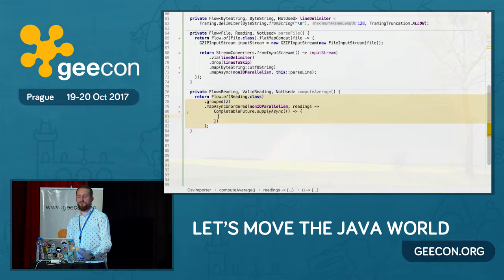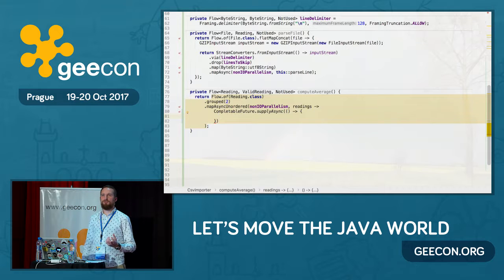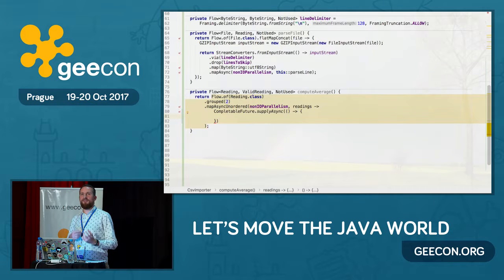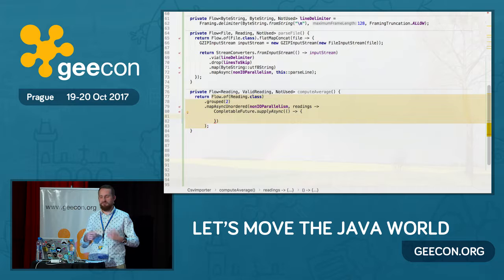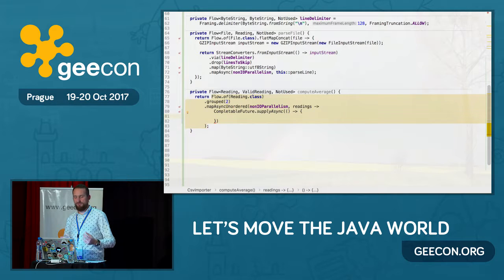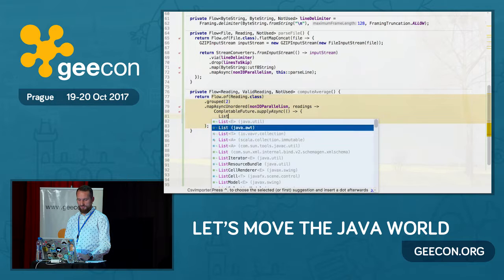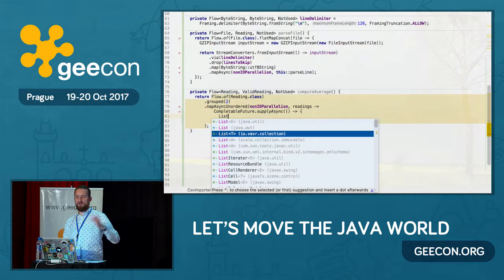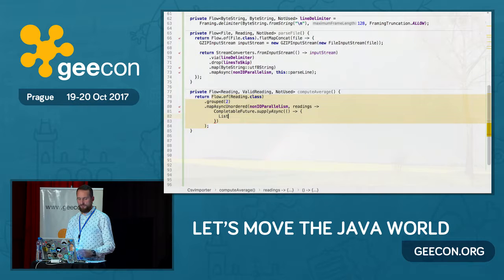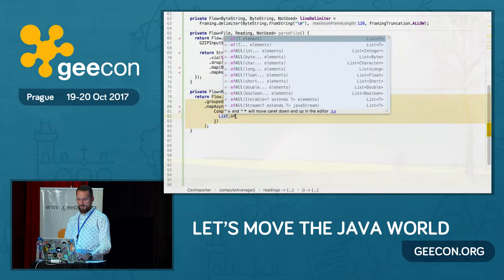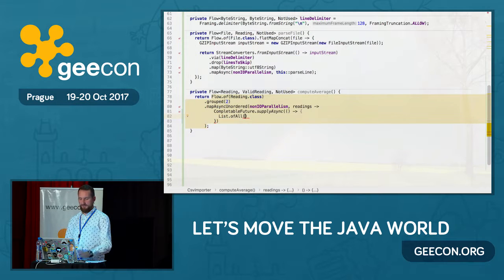And now we are once again going to use Vavr to process the list of readings in a neater way than we would be able to using just Java collections. So I'm going to use the List type, but this is not java.util.List, it's the List from Vavr. It has a factory method that takes an existing sequence of elements, so it's readings.